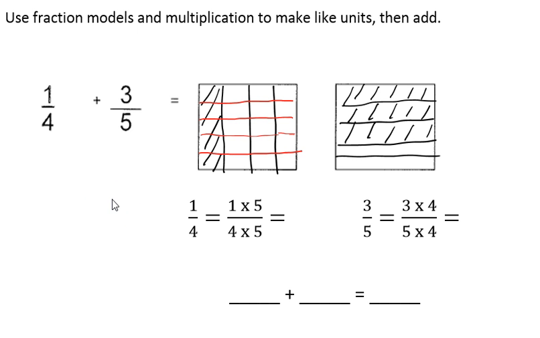Now we're going to see how we've actually multiplied our numerator and denominator by 5 when we do this. If you look, I now have 20 sections on my model. I have 5 rows of 4. So instead of fourths, I now have 20ths. And instead of having one piece shaded, I now have 5 pieces shaded.